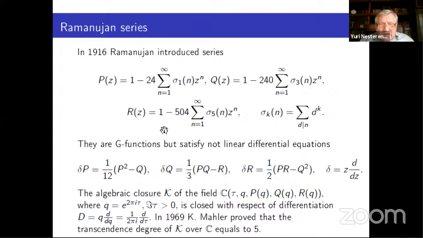And as Ramanujan proved, these three functions satisfy a system of algebraic differential equations, not linear, algebraic. And these functions are G functions, of course, because the coefficients are integers and they have polynomial growth.